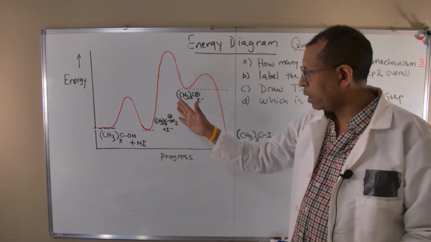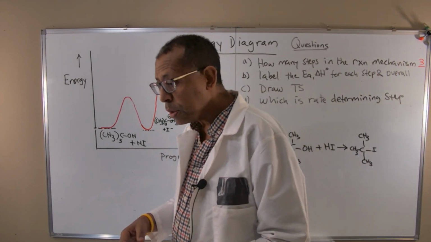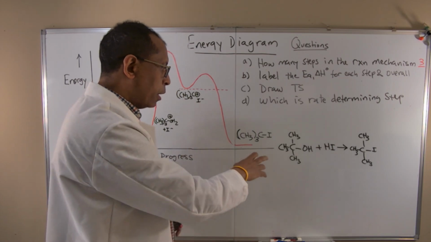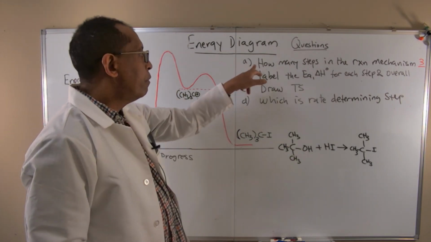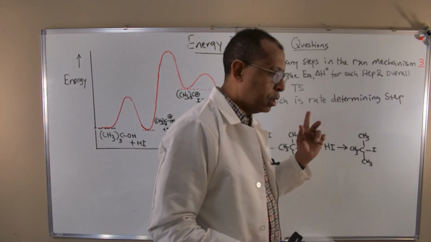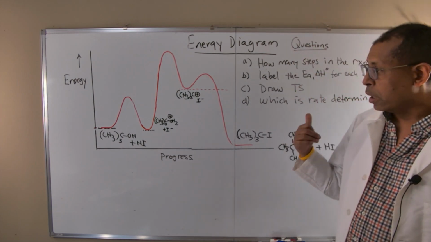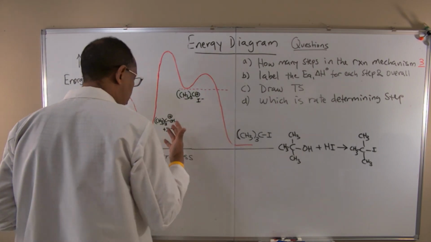But here is a breakdown of what happens at each step. This reaction is not a single step reaction, it's a multi-step reaction. So first we have to answer how many steps are involved in the reaction mechanism. There are 3 steps, and I want to show you these steps.